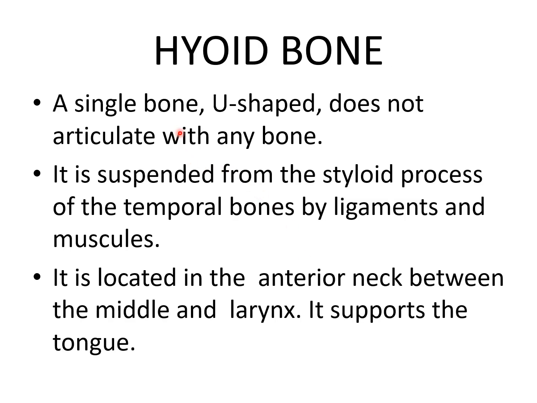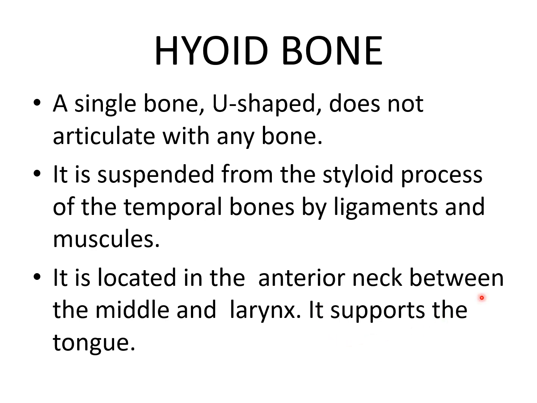Now let's look at the hyoid bone. This is a single bone that is U-shaped and does not articulate with any other bone in the body. It is only suspended by ligaments and muscles, and it is suspended from the styloid process of the temporal bones. This bone is located in the anterior neck between the mandible and the larynx.